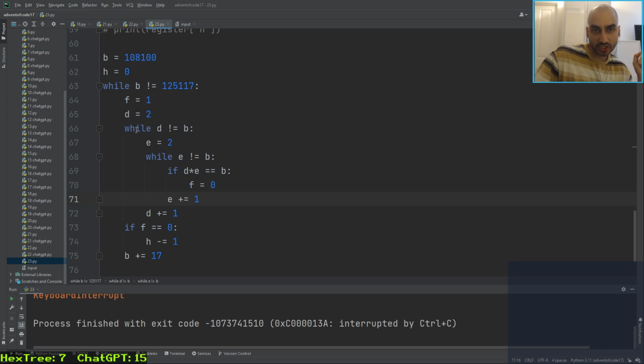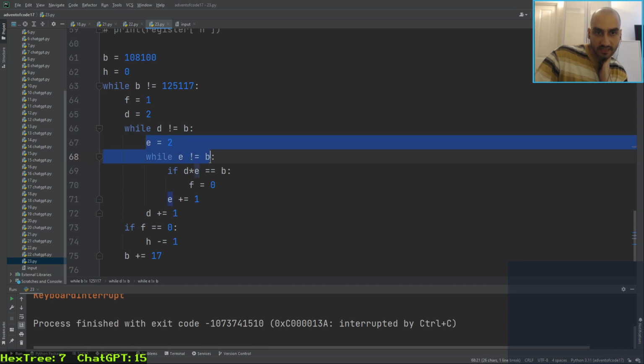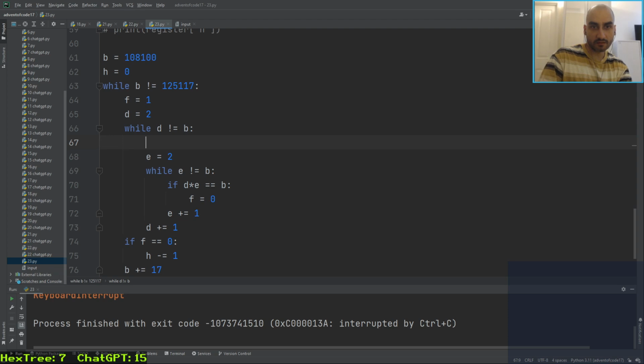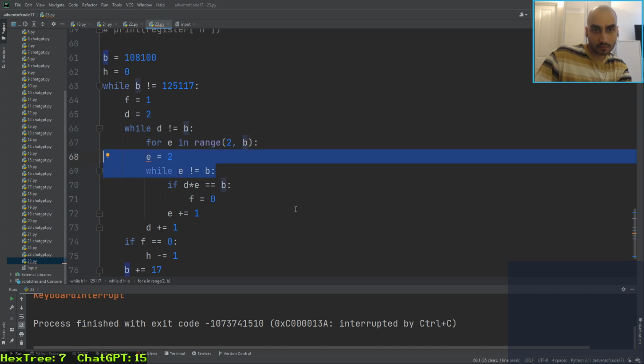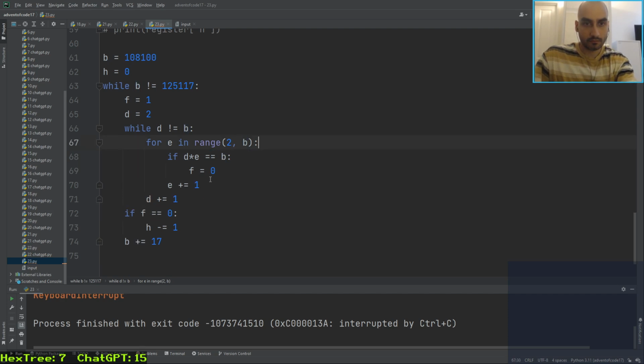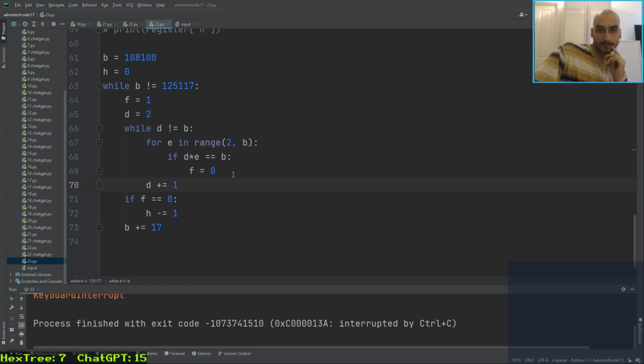Now, some of these while loops can be changed to ranges. So, for example, this is the same as saying for E in range 2 up to B. That's nice.